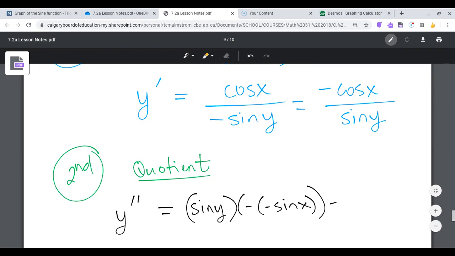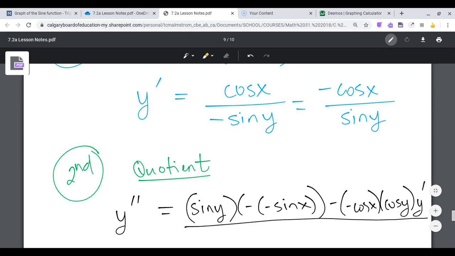Minus, so low d high, less high, which is negative cos x, multiplied by the derivative of the lower function sine y, which would be cos y multiplied by y prime. And then all of that is divided by sine y squared.